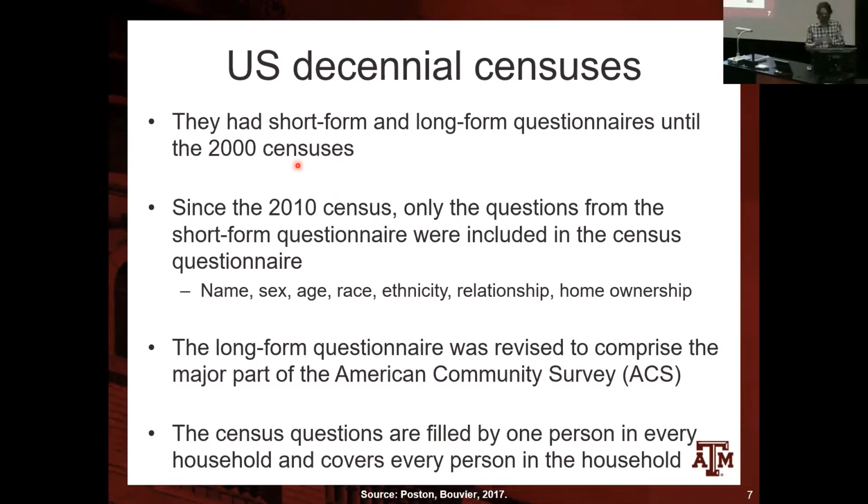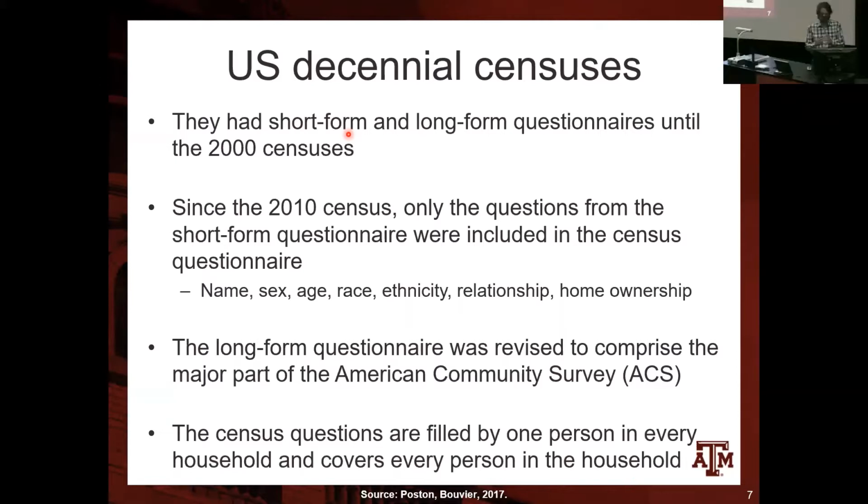Here in the US and also in other countries, in Brazil it is the same thing, you have a short form questionnaire. The short form questionnaire has really few questions, and it is intended to be applied to all individuals in American society.